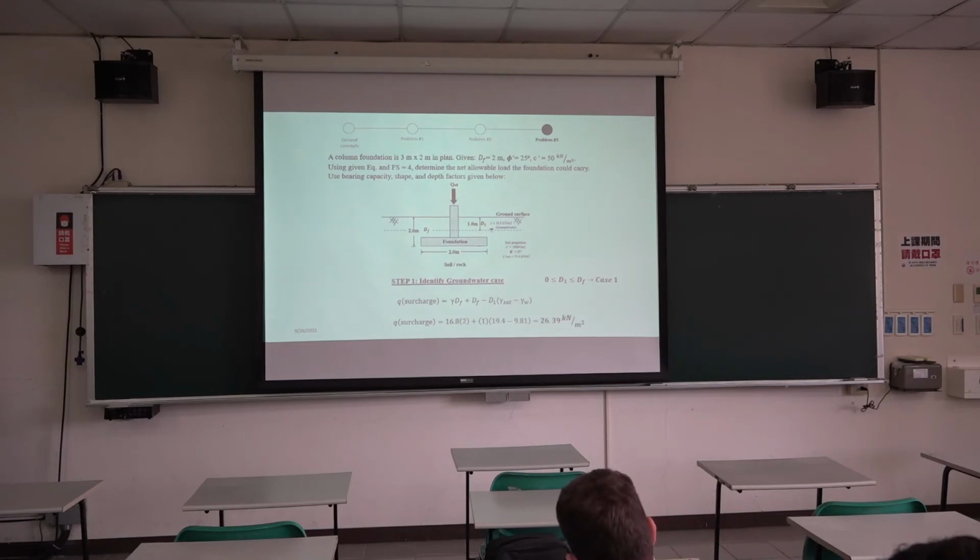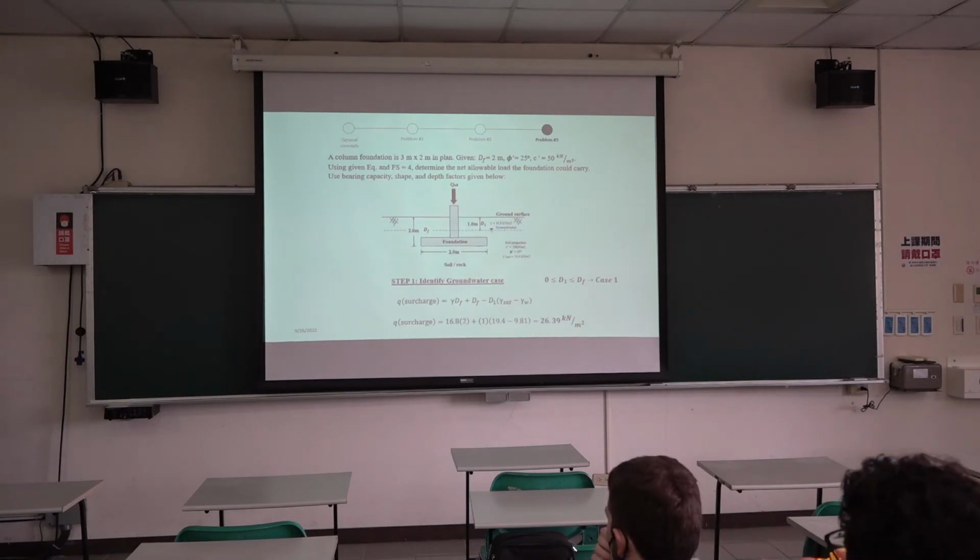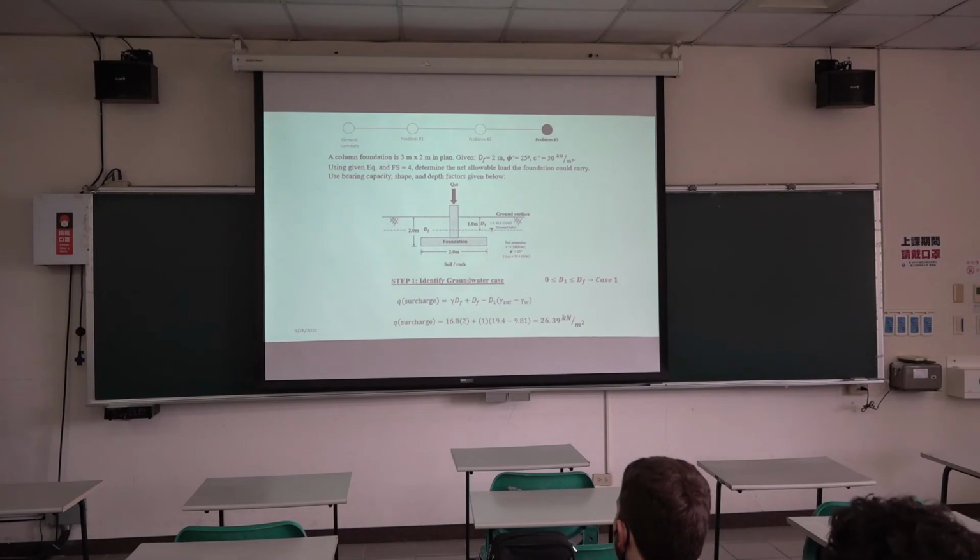So this is going to be 16.8 times 2, then plus 1. Where do we get this 1? This 1 is the distance from the groundwater to the bottom of the foundation. Now, below the groundwater we use the effective unit weight. So we calculate that by taking the saturated unit weight 19.4 minus the unit weight of the water 9.81.